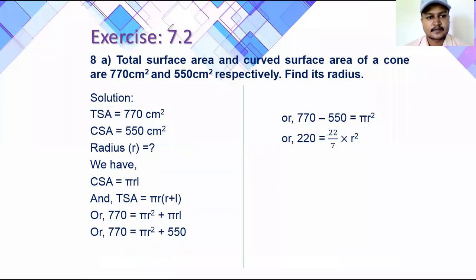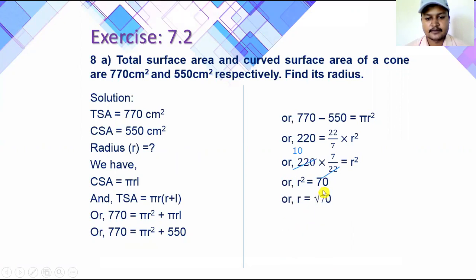After transposing these to the left side, if it is possible, cancel out 22 with 220, so r square is equal to 70.